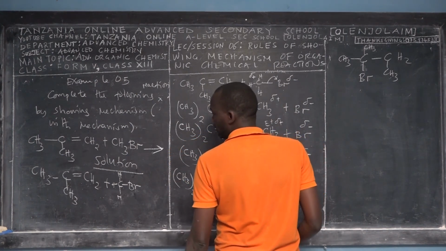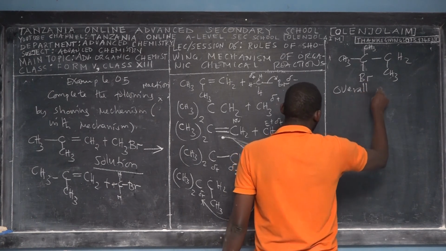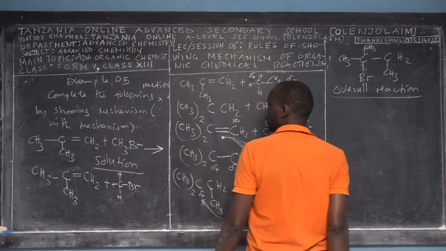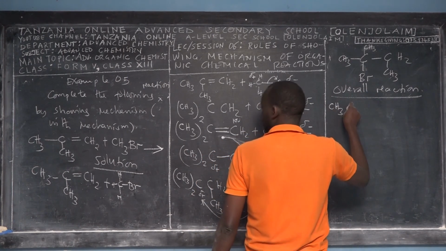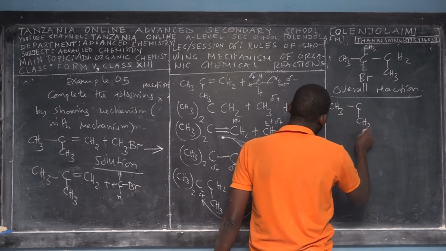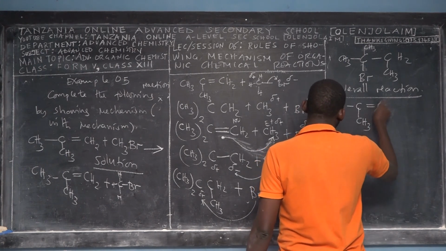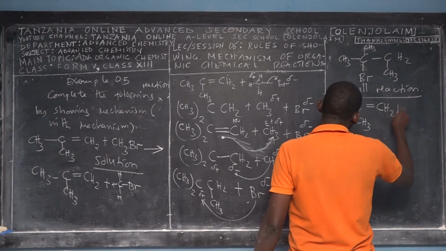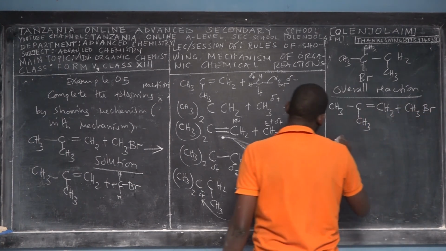So for that case, for example, if you go back to our question, we say this is the overall reaction, the general reaction. Reactant, we have CH3, and then you have a double bond, CH2. Plus CH3 bromine.